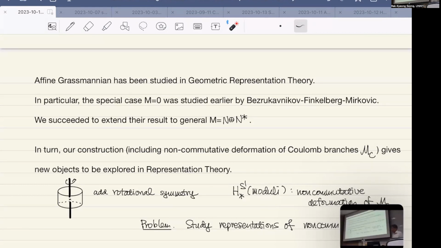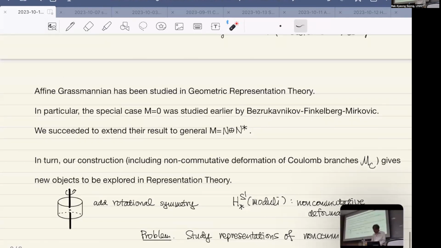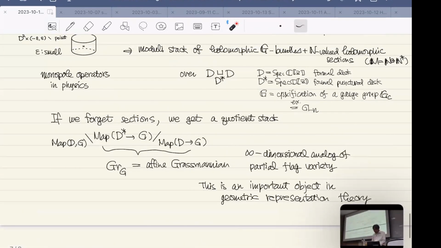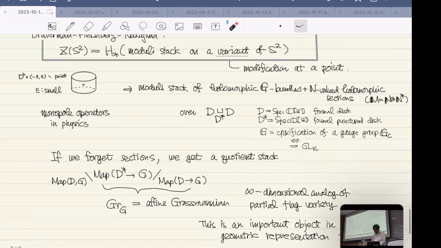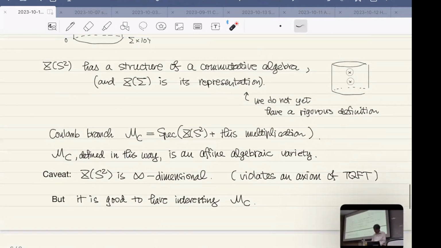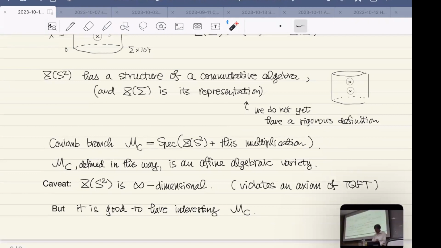If my topological quantum field theory intuition is correct, Z of sigma is a representation of this Z of S2.